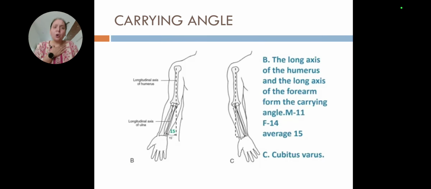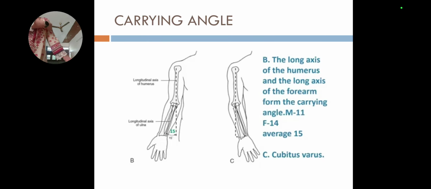Now, the longitudinal axis of the humerus and the longitudinal axis of the forearm are not in a straight line. I am showing you again the longitudinal axis of the humerus as well as the longitudinal axis of the forearm. They are not in a straight line.